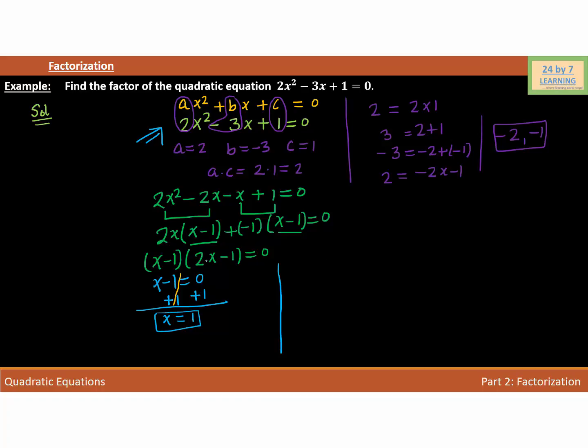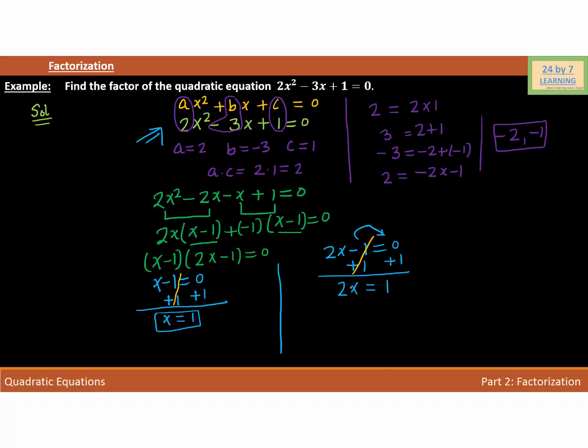Now my second factor is basically 2x minus 1 is equal to 0. I need to get rid of this 1, so I'm going to take this 1 to the other side, and the only way I can do it is if I add 1 on both sides. So if I add 1 on both sides, I will cancel this 1 out, and the only term I have on my left side is 2x, because 1 is gone, and that is equal to 0 plus 1 is 1.